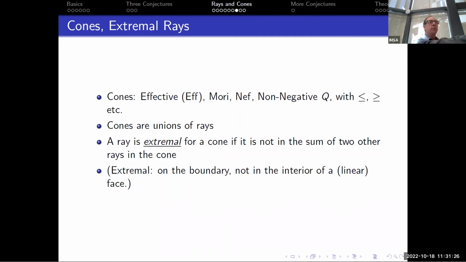If you have a polyhedral cone and you're in the interior of a face, you're on the boundary, but you're also in the sum of the two rays that form the boundary. So those are not extremal rays. The extremal rays are really the vertices, if you have a polyhedral cone. If the cone is sort of round in some way, then every point would be extreme. So understanding extremal rays is also interesting from this point of view.